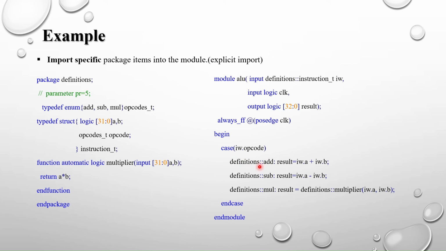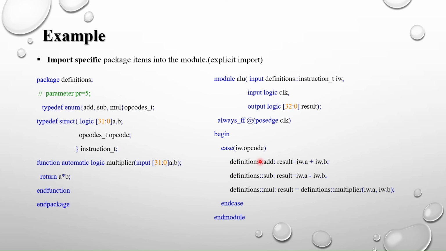Here again I'm using the scope resolution operator because I'm not importing the entire package. I'm importing only the structure, not the enum. This opcodes_t I'm not importing. That's why, in order to get these named values, you need to import this enum. How do you import?